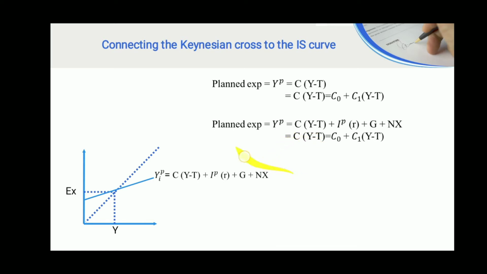This is our equilibrium level of GDP. This is where, along our planned expenditure line, income is equal to expenditure, or output is equal to expenditure.